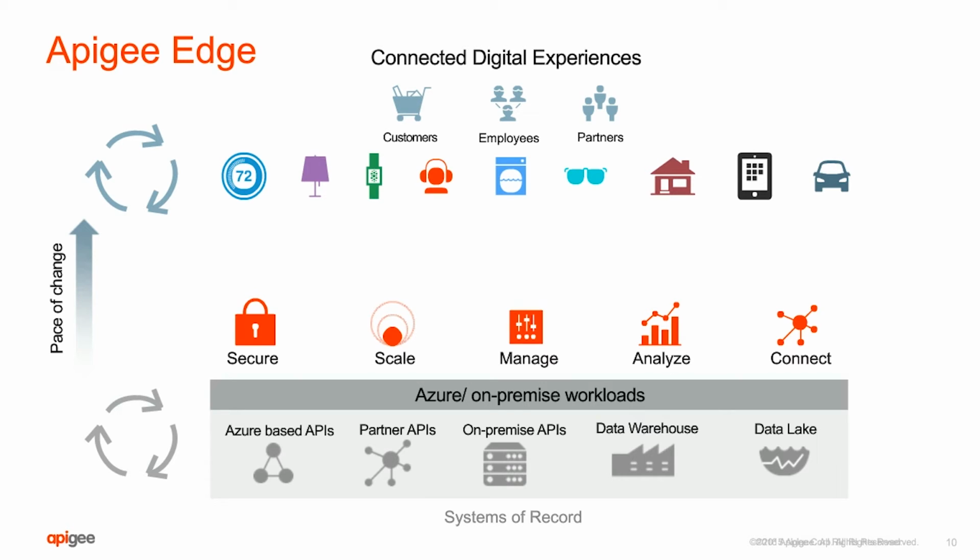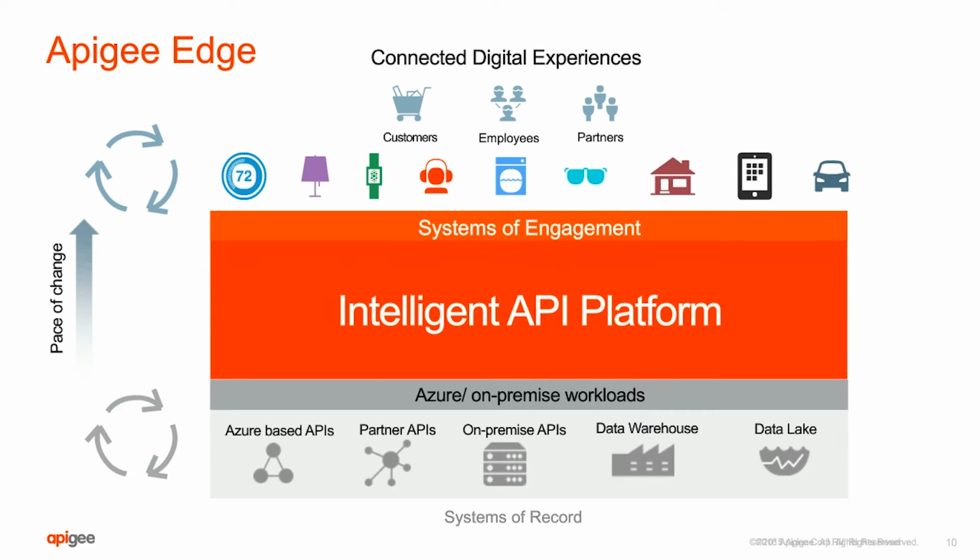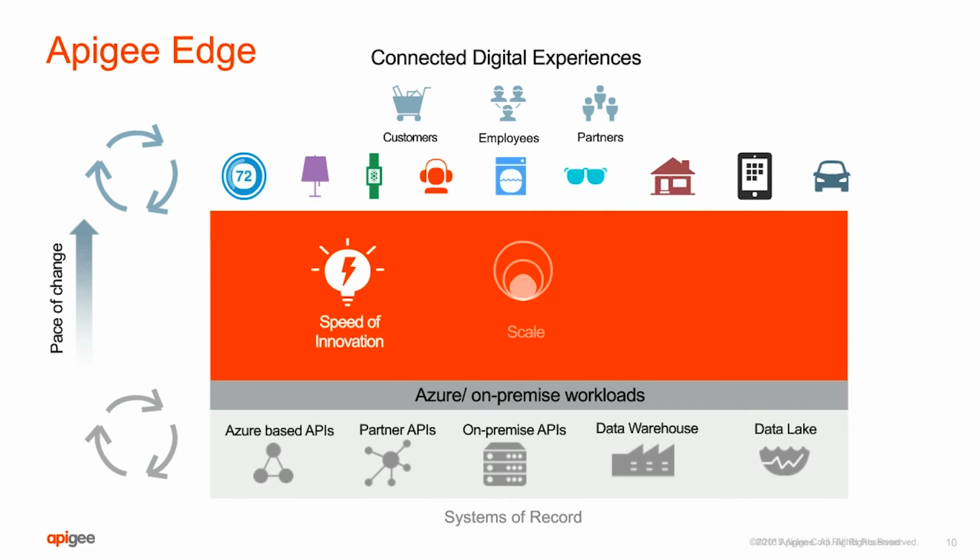And that's where Apigee comes in. So that's the quick intro to Apigee. I would say that's what Apigee is doing in the context of what we will be talking about today.